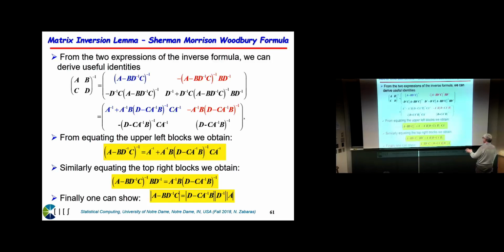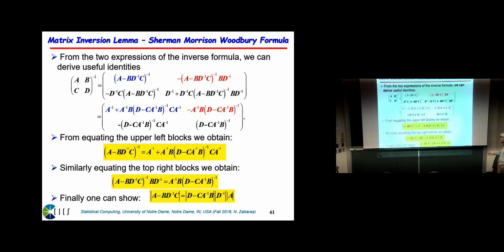There are various different versions of this, including a formula with determinants that you see here. I would say this is most probably the most commonly used formula from linear algebra in the context of machine learning.